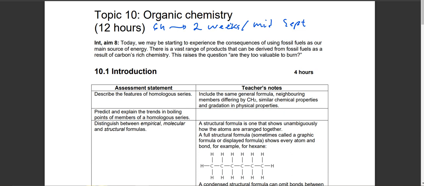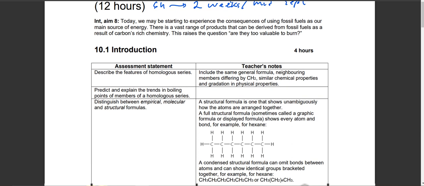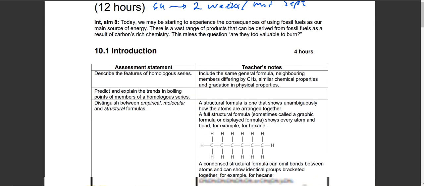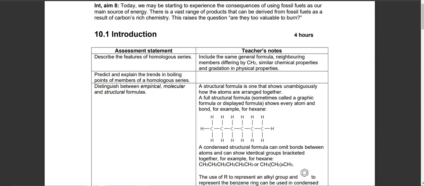All right, so today we're going to start with this very bland presentation. The assessment statement is the objective. If you take a look at our website, this is supposed to be the one in the green box.